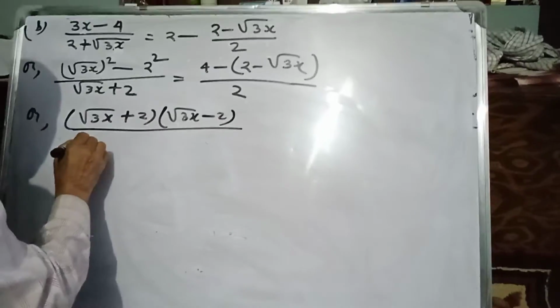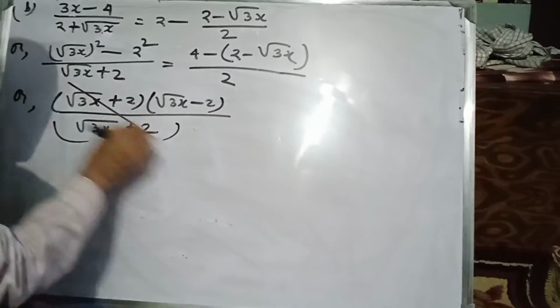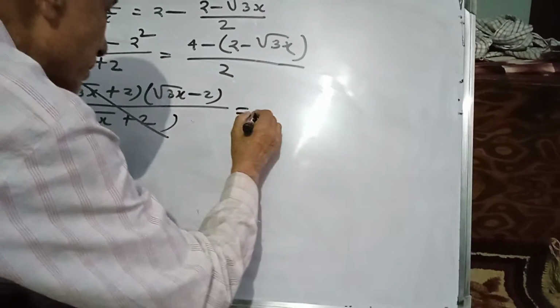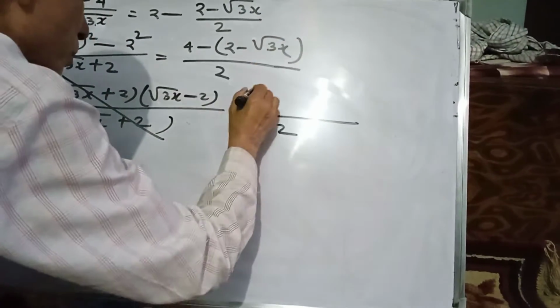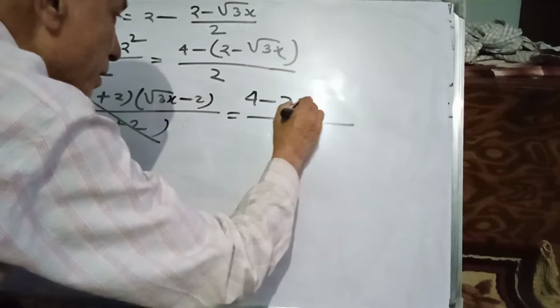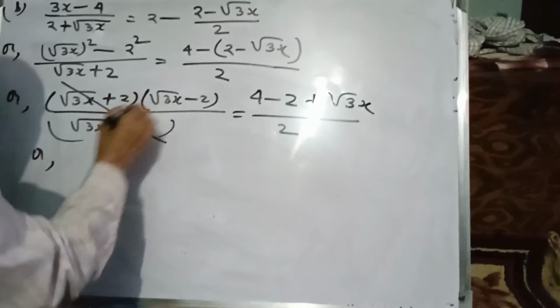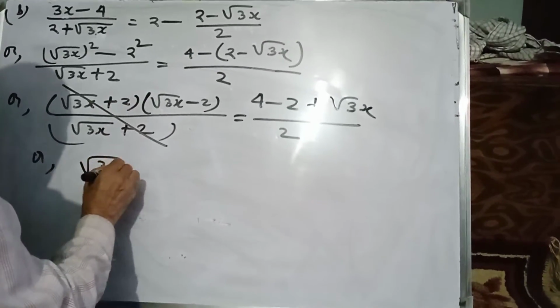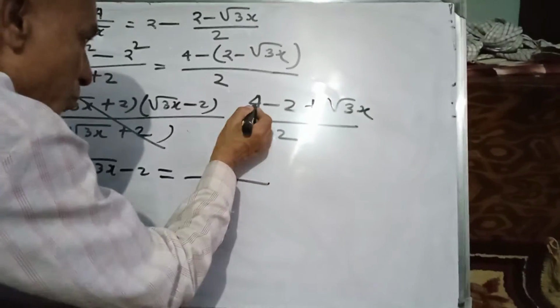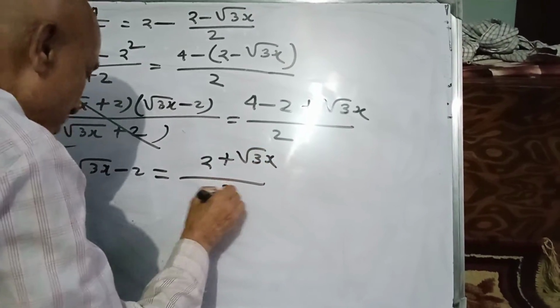Upon root 3x plus 2. Cancel like terms. Or root 3x minus 2 equals 4 minus 2 times 2 plus root 3x upon 2.